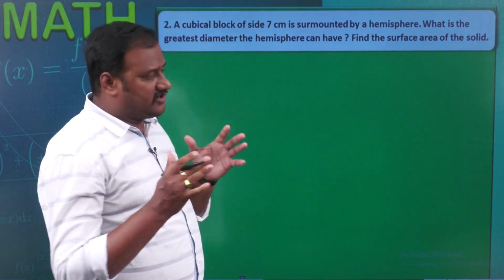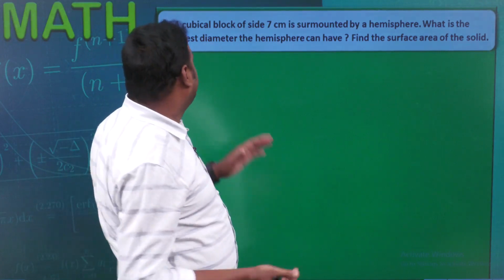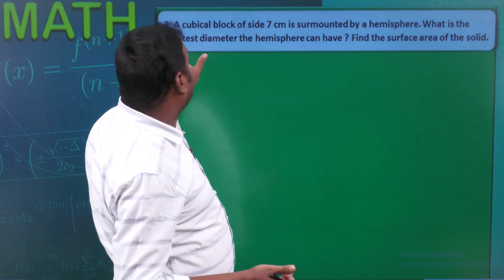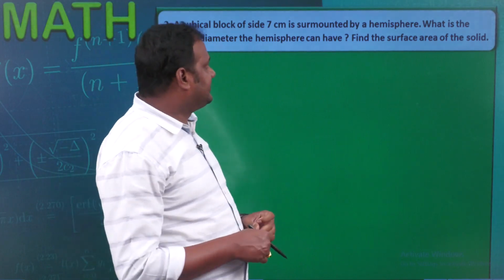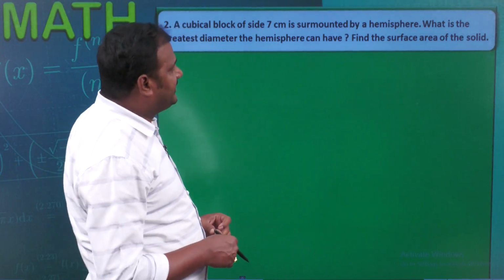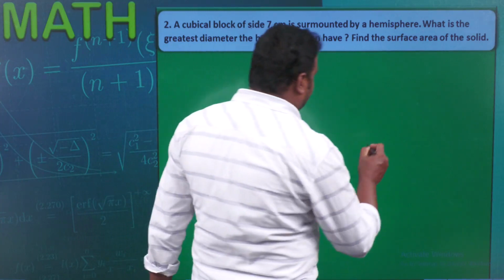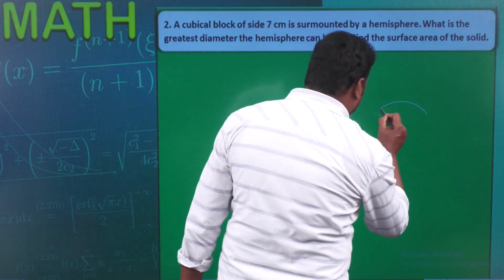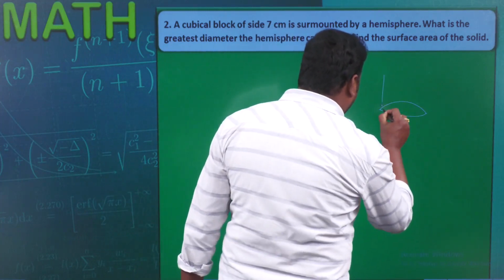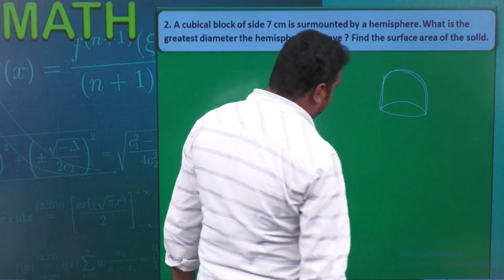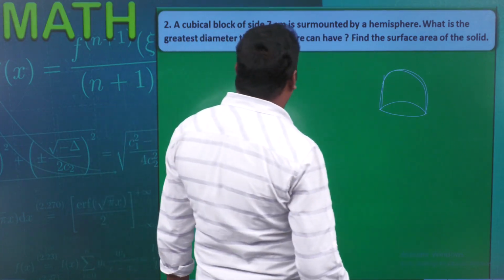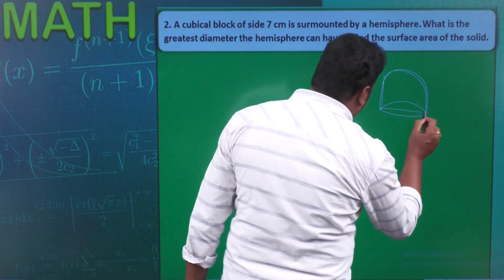See, there is a cuboid. On the cuboid, a cubical block, not cuboidal block, a cubical block of side 7 centimeters is surmounted by a hemisphere. Surmounted by a hemisphere means this is one hemisphere, right? For example, this is one hemisphere and a cubical block is there on the base.